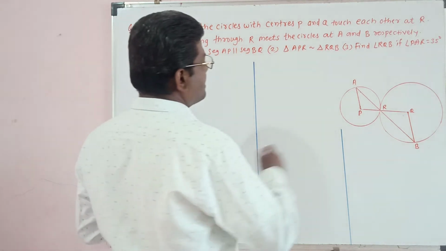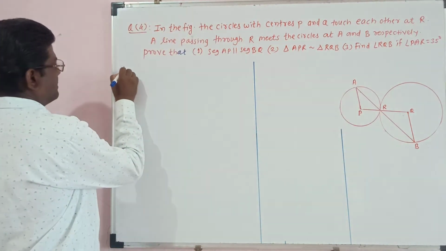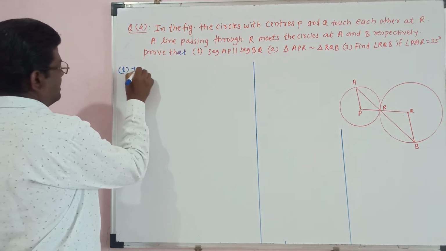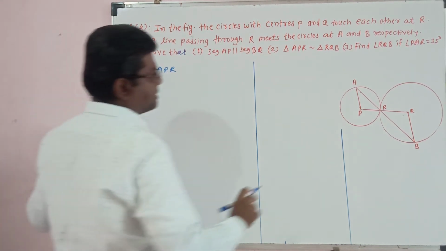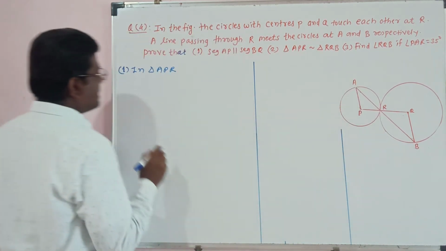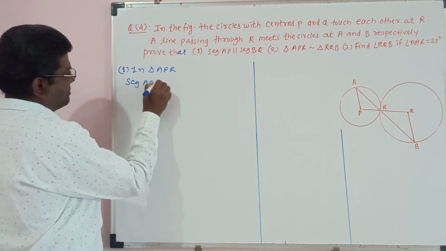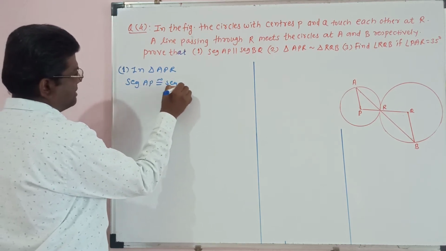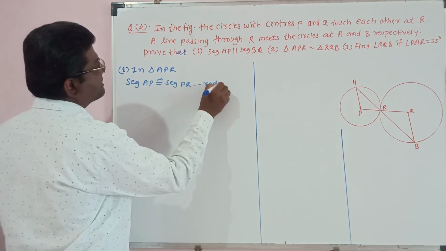Now consider triangle APR. In triangle APR, segment AP is congruent to segment PR, radii of the same circle.